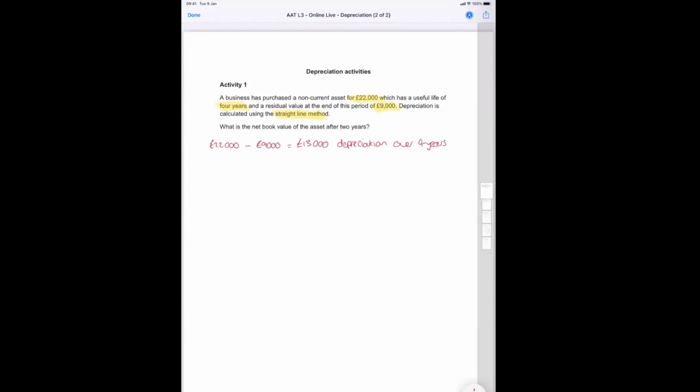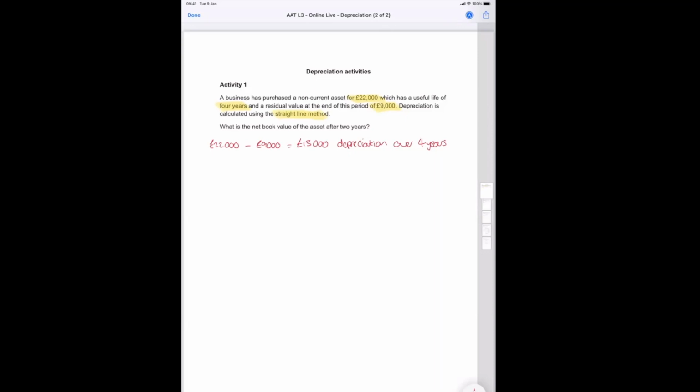Depreciation is charged each year, and we're using the straight line method here. The straight line method means that we proportion our depreciation charge over an equal amount each year over the asset's life, so the charge each year is going to be exactly the same.